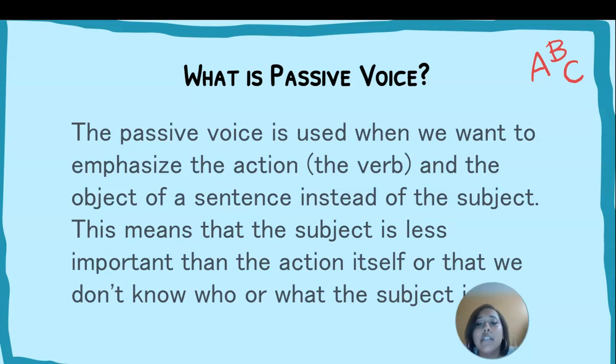This means that the subject is less important than the action itself, or that we don't know who or what the subject is. As you can see, dear students, it's really important to highlight that we use it to show interest in the person or object that experiences an action rather than the person or object that does it.